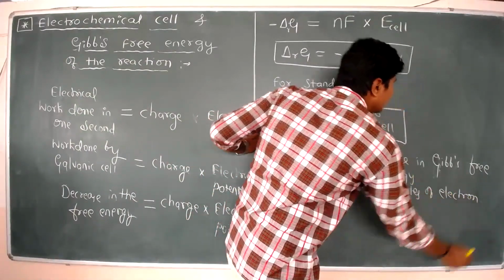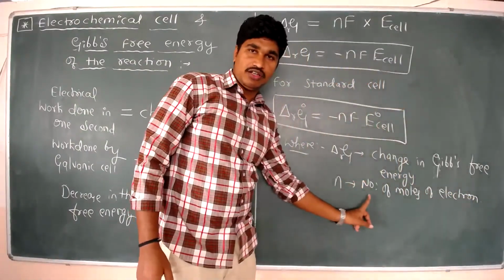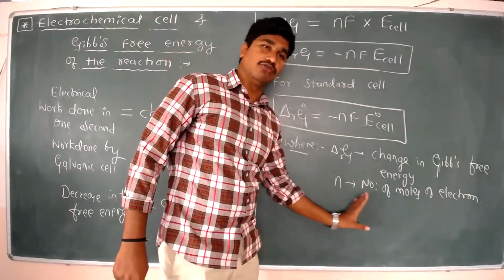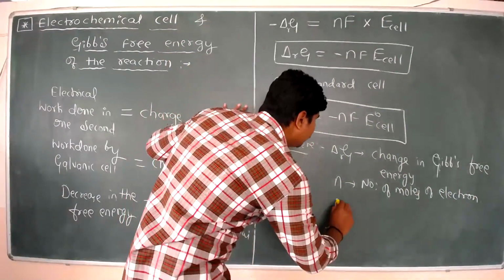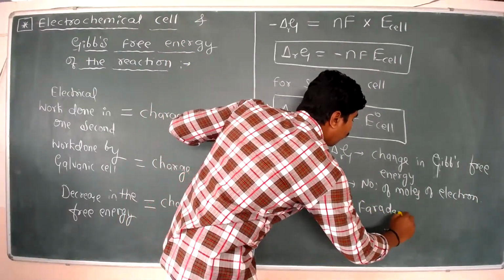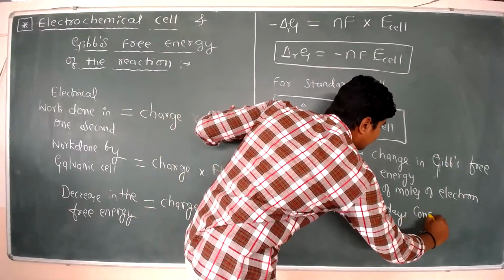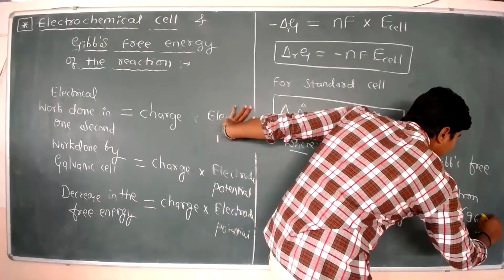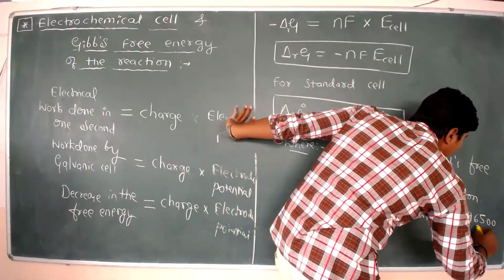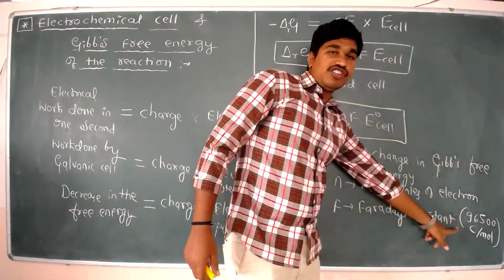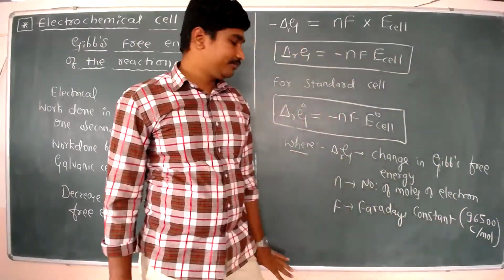If 1 mole of electron in the reaction is there, you have to take N is equal to 1. If 2 moles of electrons are there in the chemical reaction, you have to take N is equal to 2, etc. Right? Now, F means Faraday's constant. Its value is fixed. How much is it? 96,500 coulomb per mole. That is the charge of 1 mole of electrons.